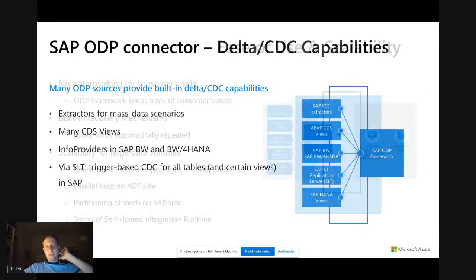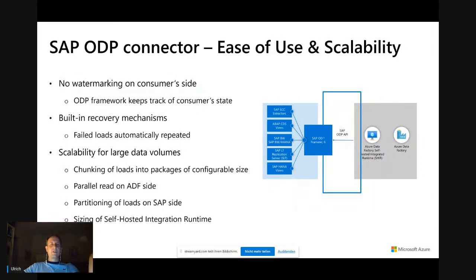And I also mentioned the ease of use and scalability early on, right? Basically, the loads get chunked into certain sizes. We also have mechanisms to scale on our side, so we can read in parallel, launching multiple readers which read from those ODQs. We can also partition large loads into multiple small loads.